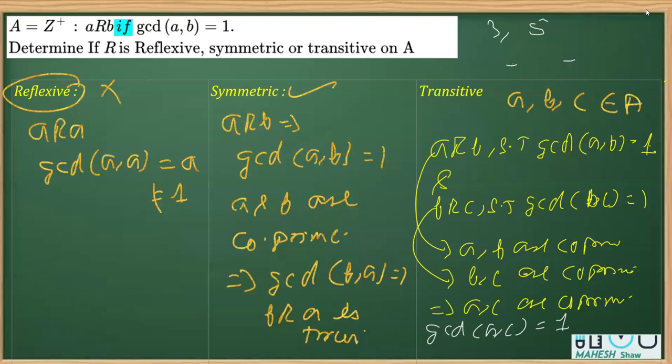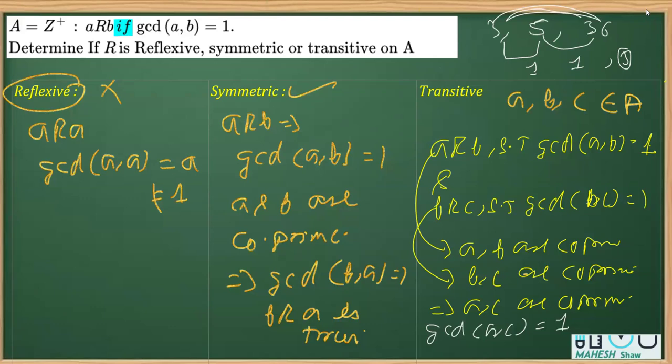Instead, if I take a number that has a common factor of 3 but not of 5, I can say 36. Now check here. The GCD of 3 and 5 is 1. GCD of 5 and 36 is also 1, but GCD of 3 and 36 is 3. So we'll say that it is not transitive.